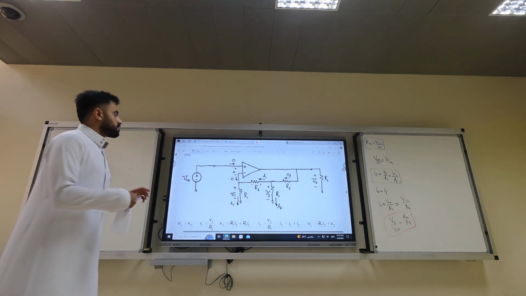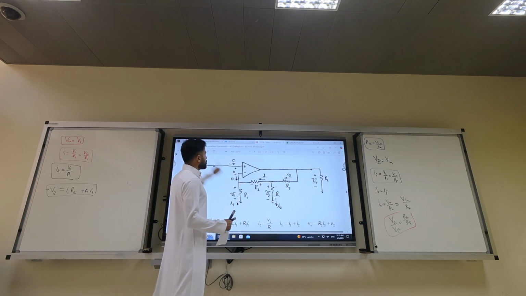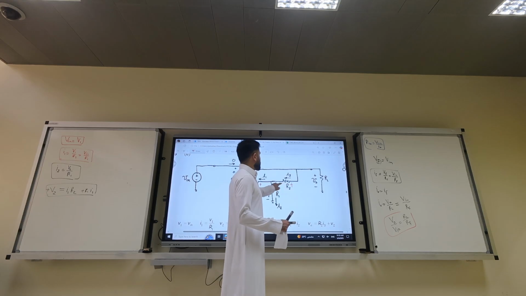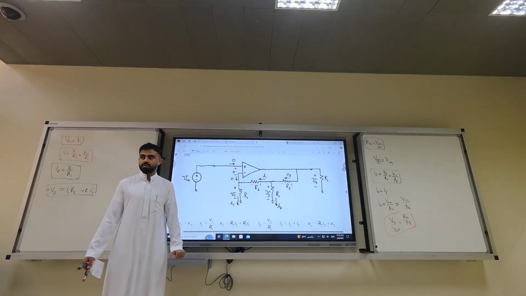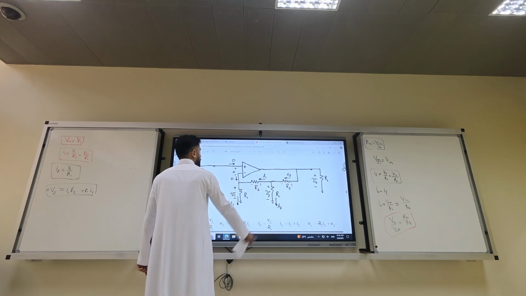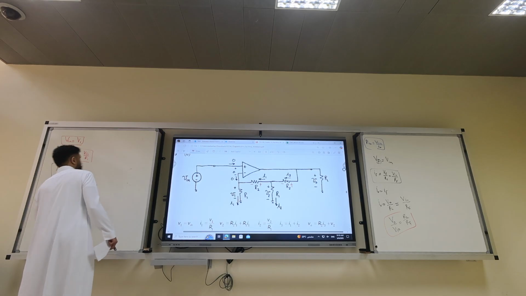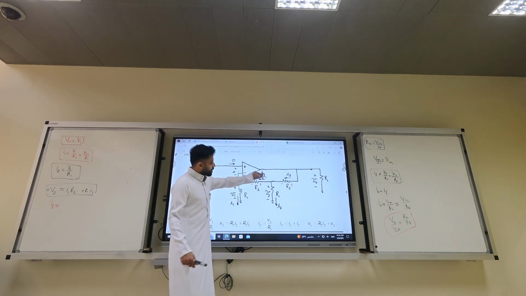What else do we have? What is this current here? I3. How do you want to do it? Plus minus, okay? To avoid the passive sign configuration. What is I3? It's I1 plus I2.